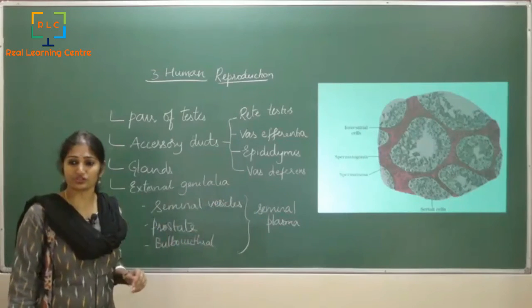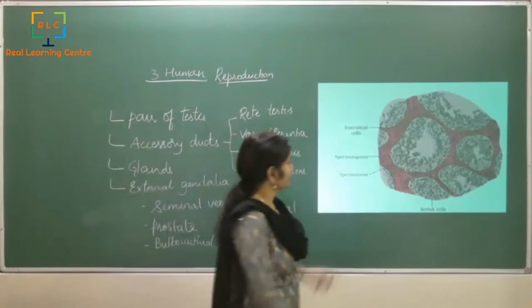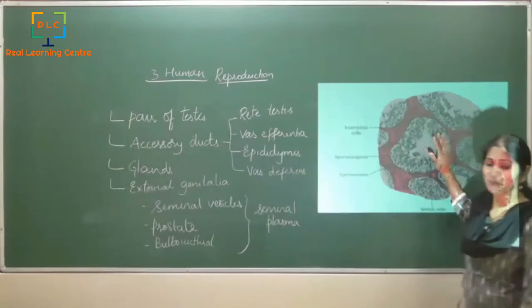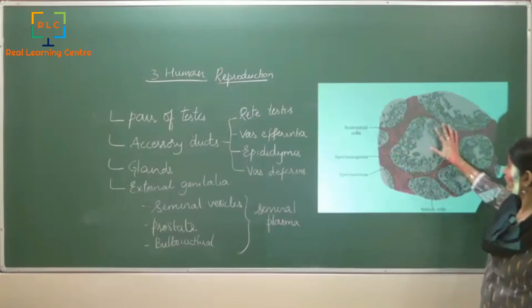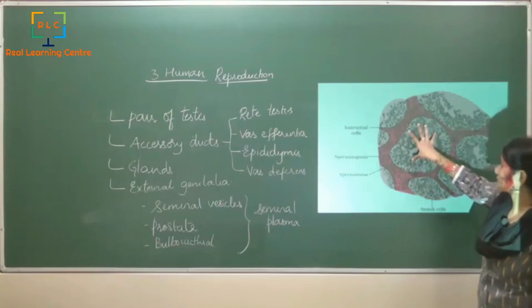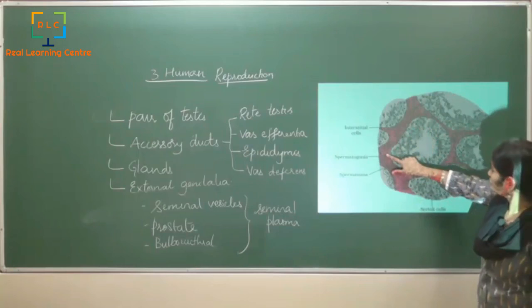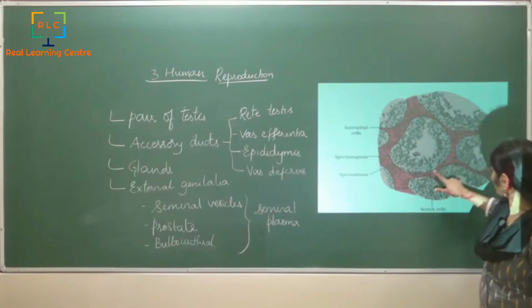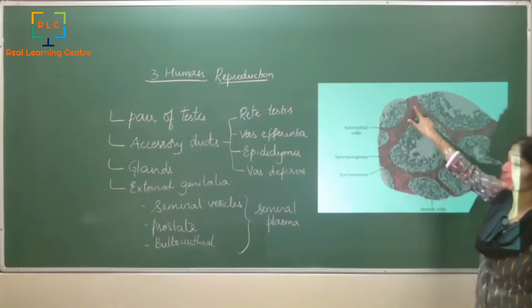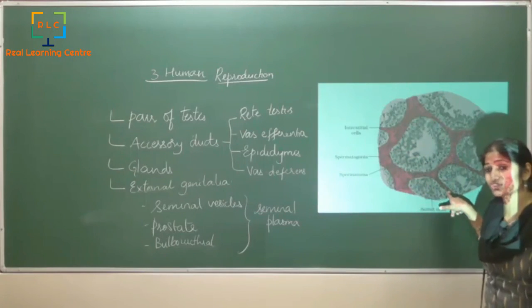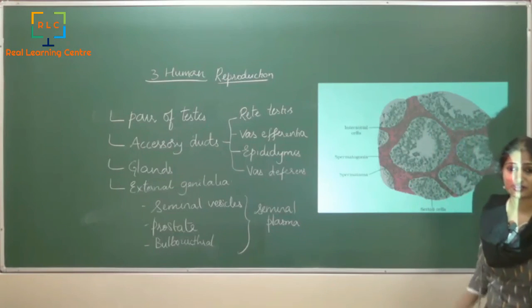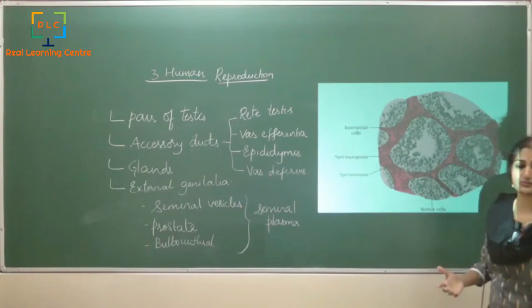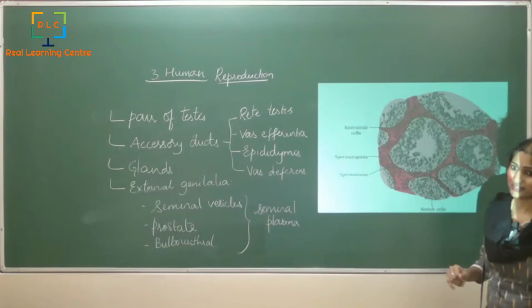In our seminiferous tubules, you see that there is spermatogenesis happening, or the formation of the sperms. This is the seminiferous tubule. You can see that there are some regions in pink here which are not part of the seminiferous tubules, and we call those the interstitial cells, which are also called the Leydig cells.